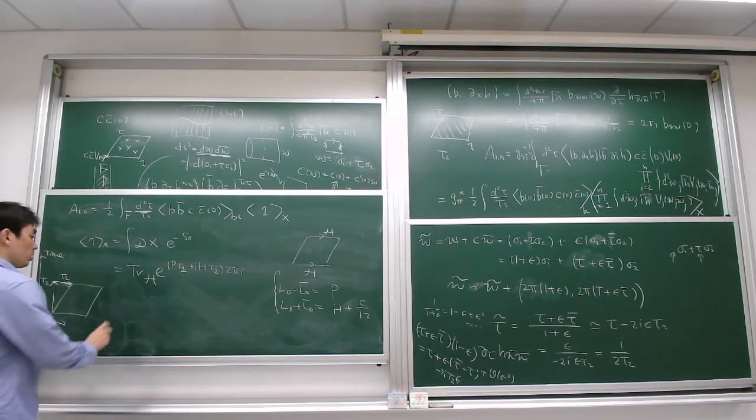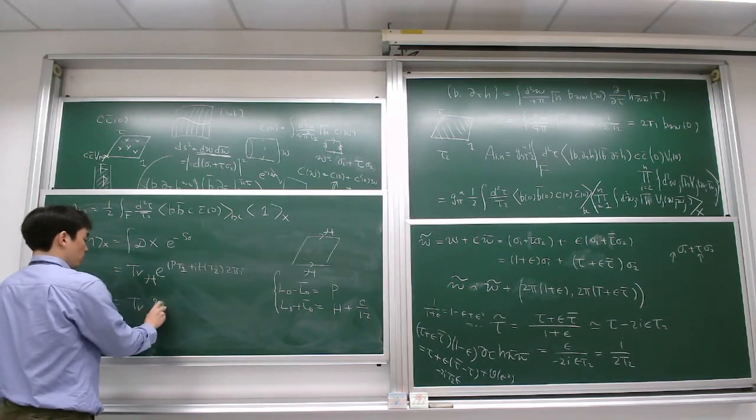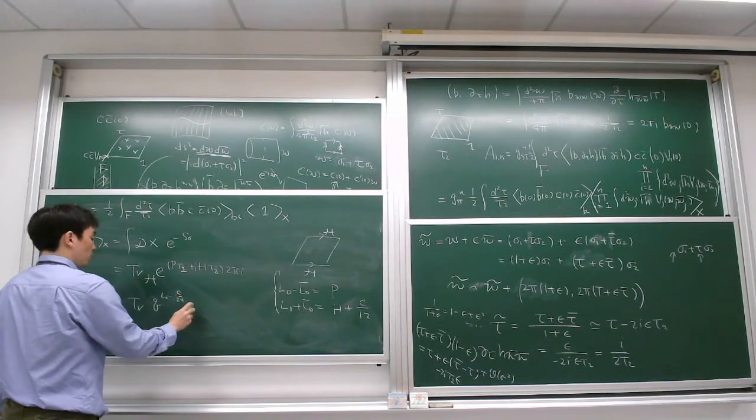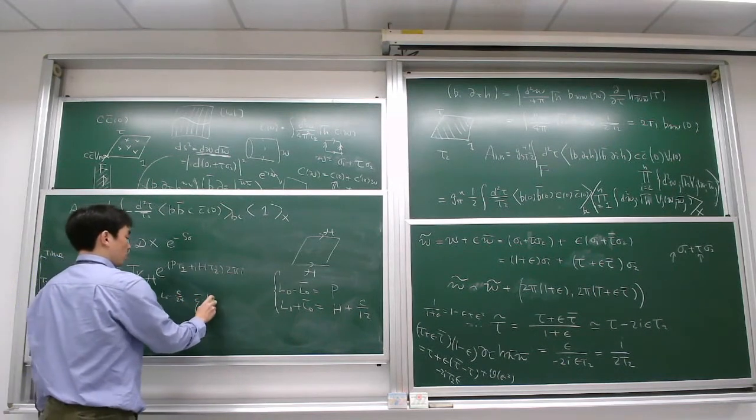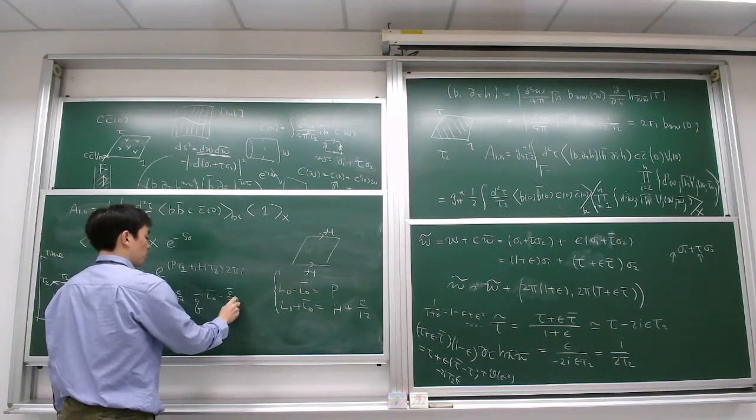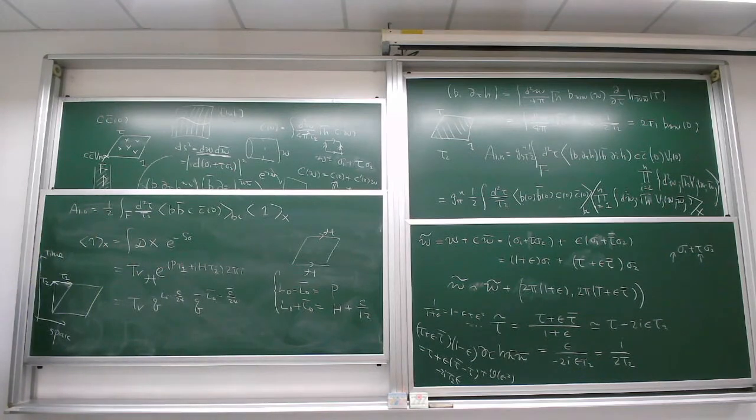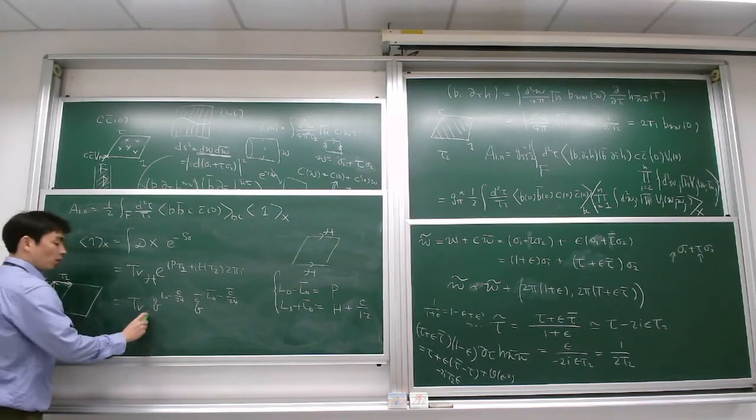From this relation, this can be written as the trace of q to the L0 minus c over 24, q bar to the L0 bar minus c bar over 24. That's the partition function we will evaluate, and the trace is taken over all Hilbert space.